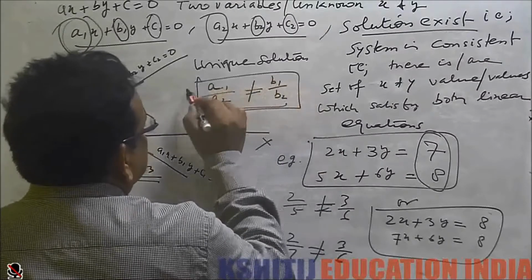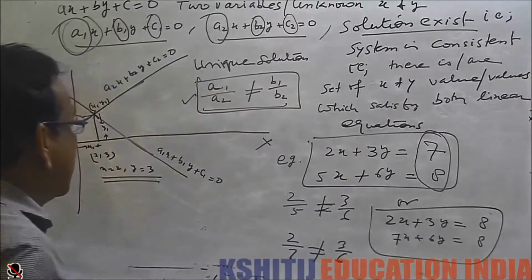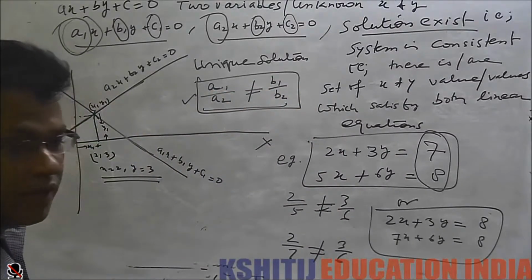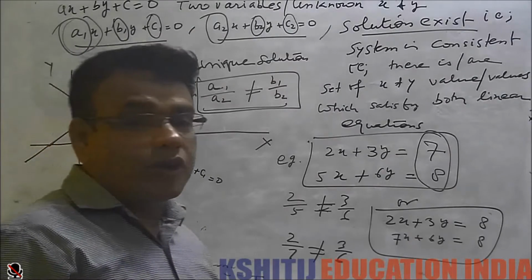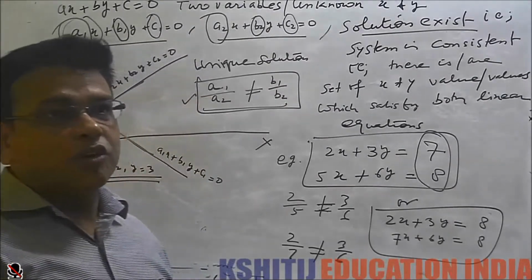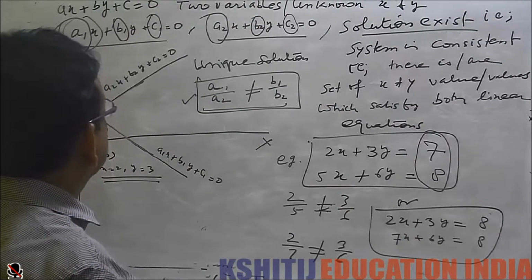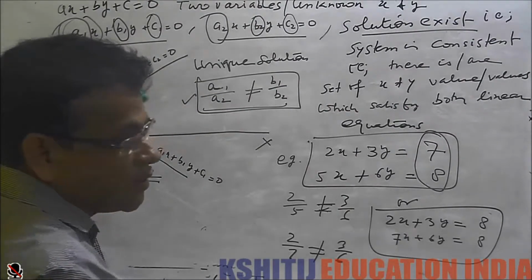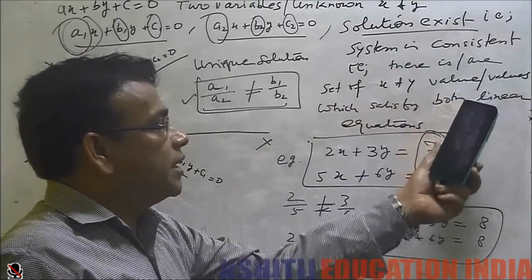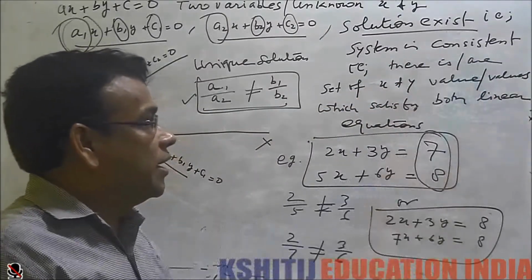Algebraically you can check it like this. Geometrically you draw the graph. If they cut at one and only one point, it's a unique solution. So this is one case where the solution exists, but it is a unique solution. There is only one solution.